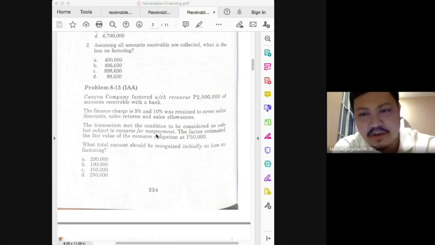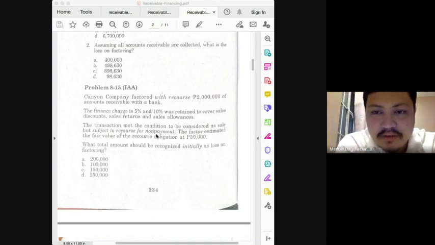If you are asked how much cash is received in this transaction, our answer would be 1,700,000. 2 million minus 100,000 finance charge minus 200,000 factor's holdback.